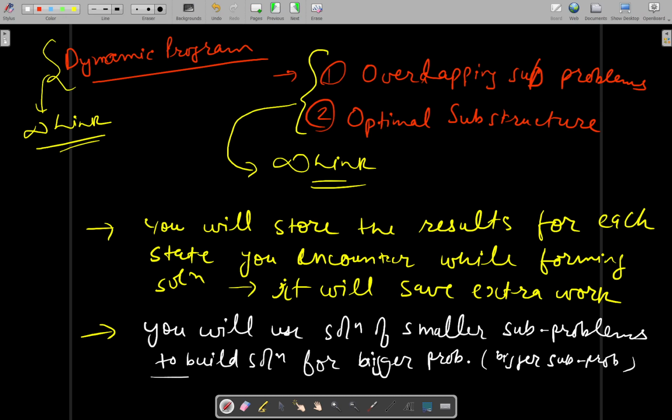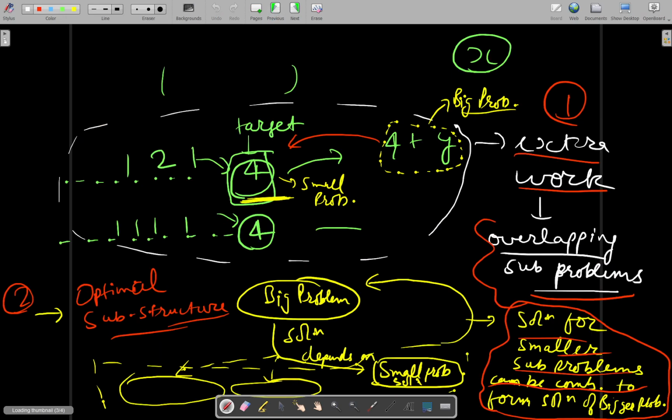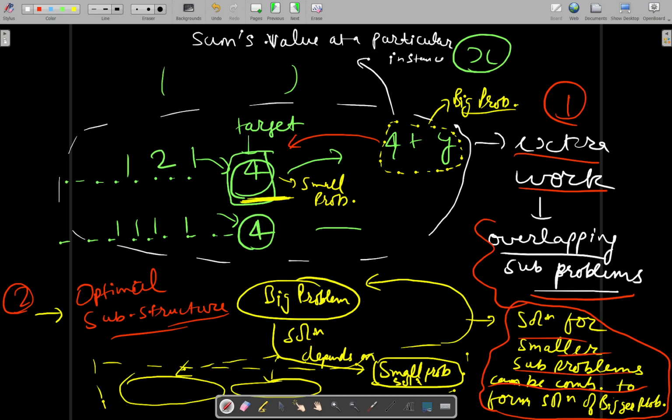These two things you will be doing. What I mean by state is nothing but the sum's value, or say the target's value at a particular instance. It is the state.